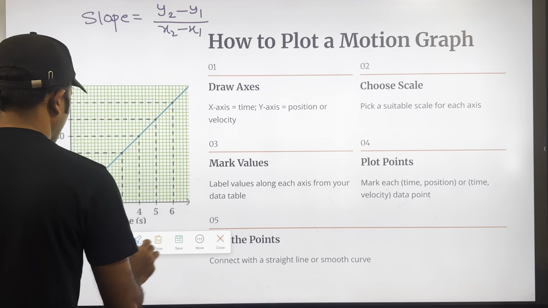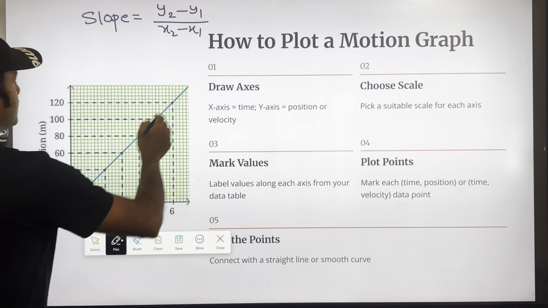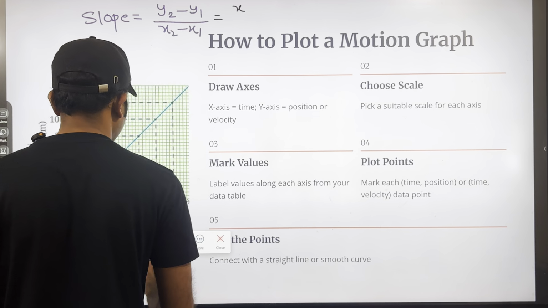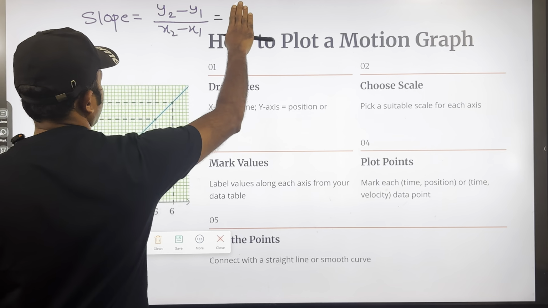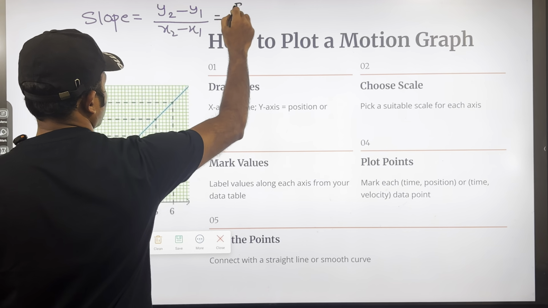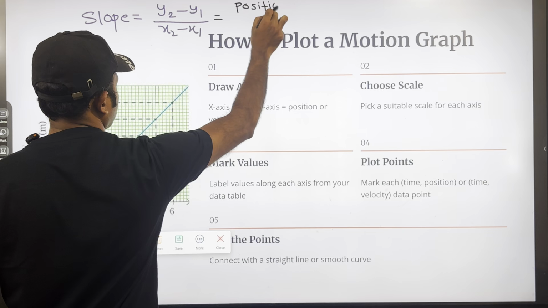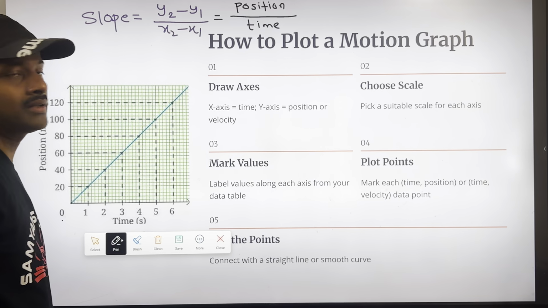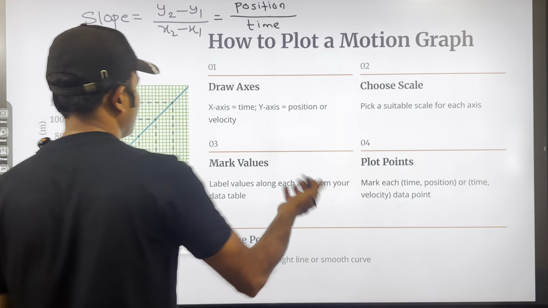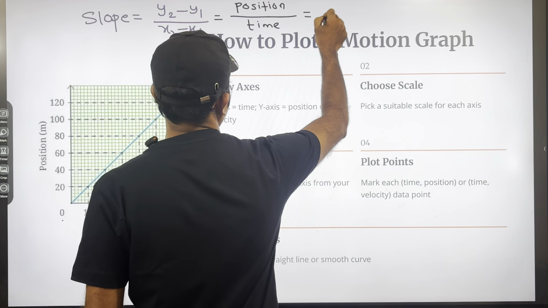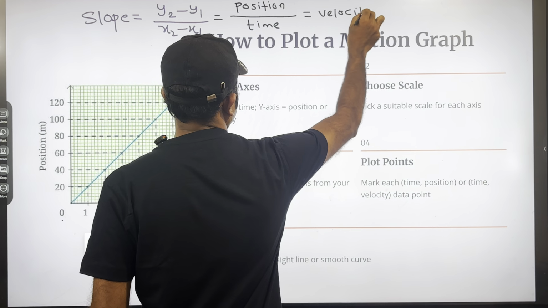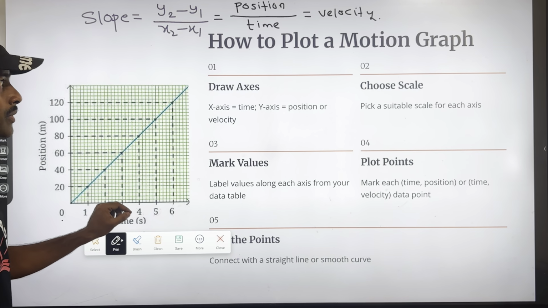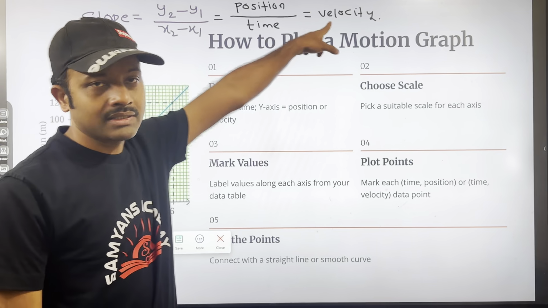Here on the y-axis we have the position, represented by S. So it is the change in position with respect to change in time, that is nothing but distance by time or displacement by time. So this will give you velocity. Remember this: the slope of a position-time graph gives you velocity.